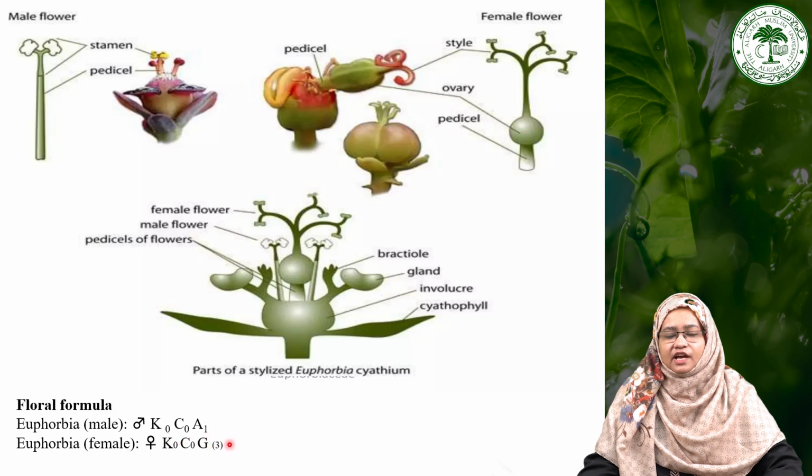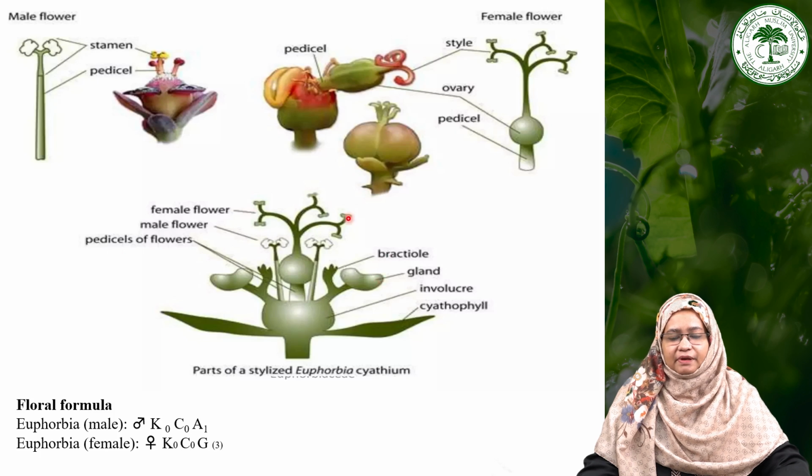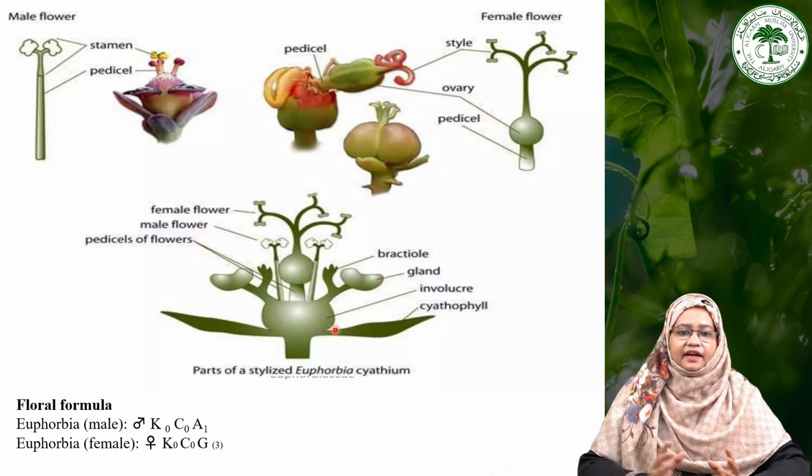This gynoecium is tricarpellary, syncarpous, with a superior ovary, and the ovary is trilobed with axile placentation, and the style and stigma are also divided into many sections, as you can see here. So these are the male and female flowers of the cyathium, which is one of the characteristic features of the family Euphorbiaceae that is present in the plant Euphorbia.